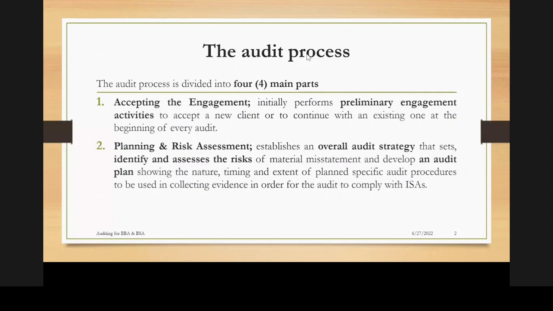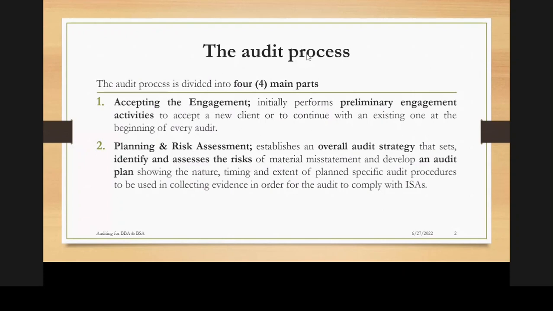Then we have the performing stage or phase that looks at the tests of control and substantive procedures. Then we have the reporting phase that now comes up with the report, or what you call an audit report. So basically, those are the phases, but audit is divided into 4 main parts.